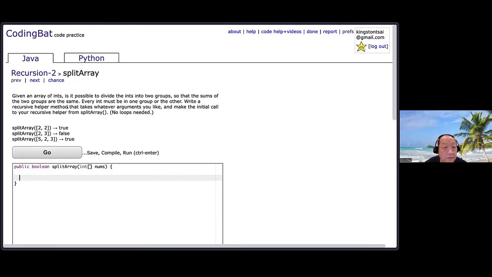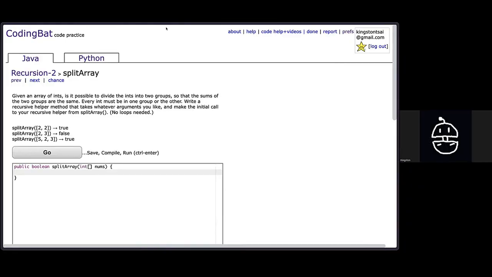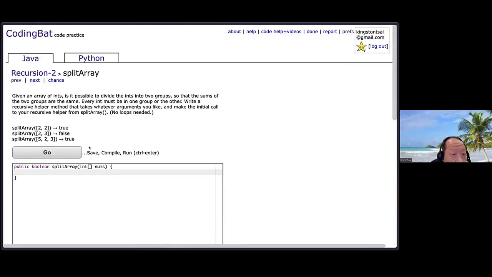Next one, let me have Kirsten. Kirsten, your turn. I need a helper function for this, right? Yeah, this one you need a helper function.